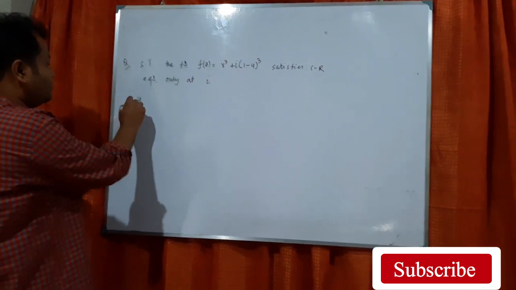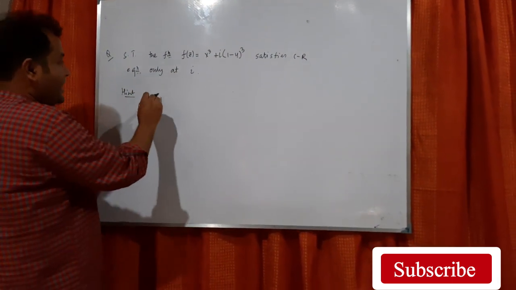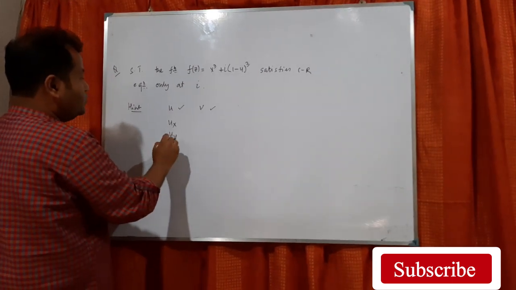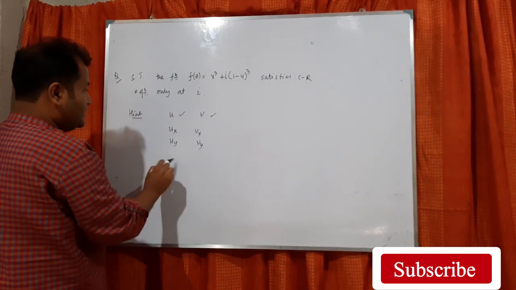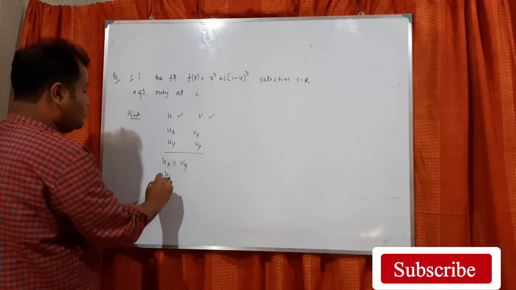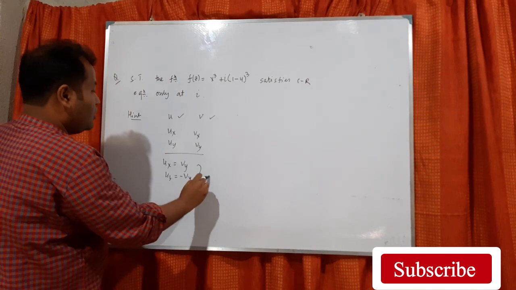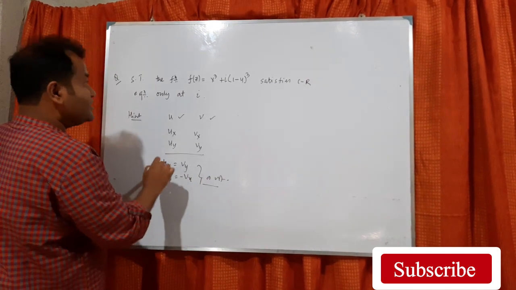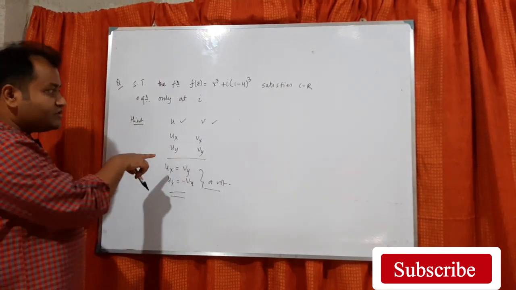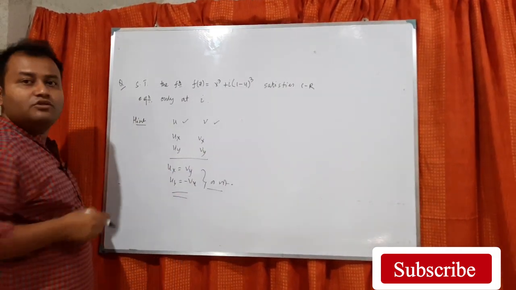What is the hint for the problem? You find u, find v, calculate ux, uy, vx, vy, then you check ux equals vy, uy equals minus vx or not, and if this is equal, at which point. So you try this, otherwise in the next description we will give the solution of this one.